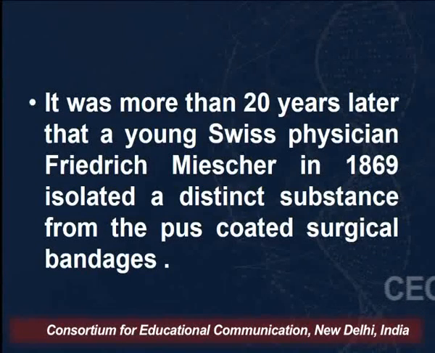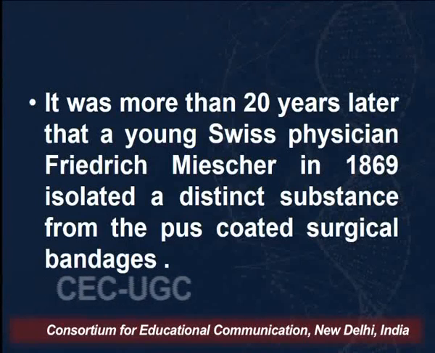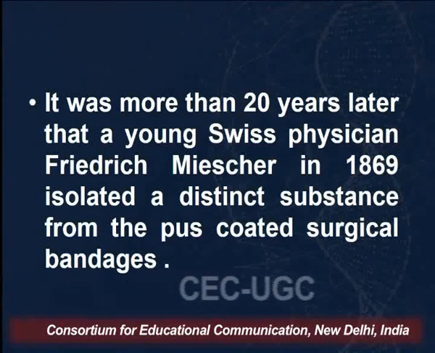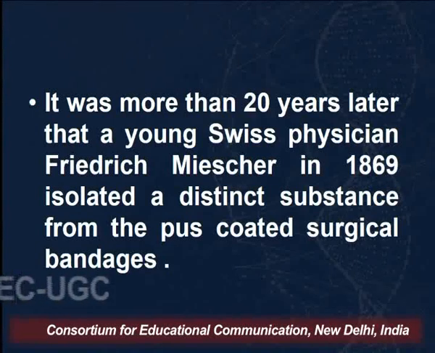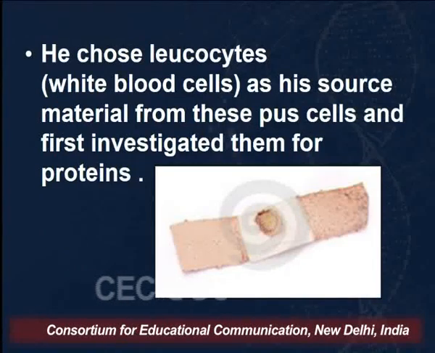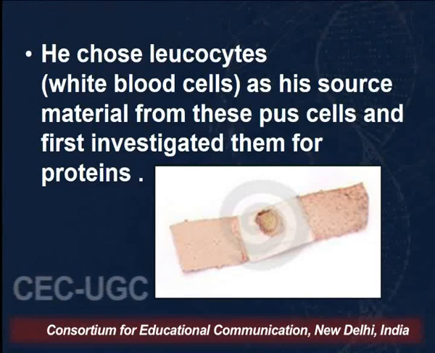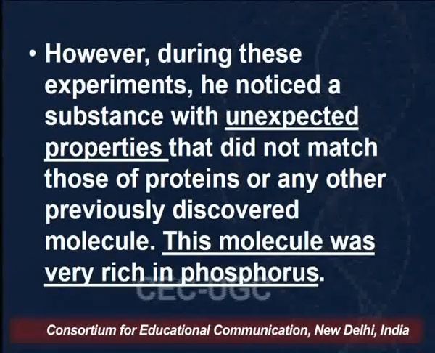It was more than 20 years later that a young Swiss physician, Friedrich Miescher, in 1869, isolated a distinct substance from the pus-coated surgical bandages. He chose leukocytes, that is WBCs, as his source material from these pus cells and first investigated them for proteins.